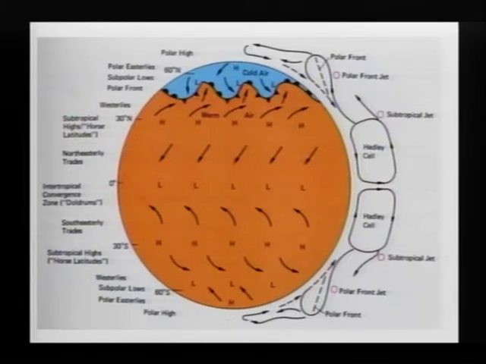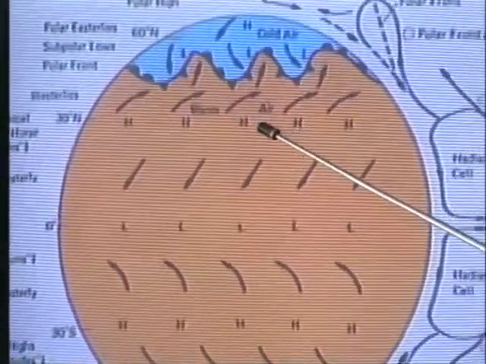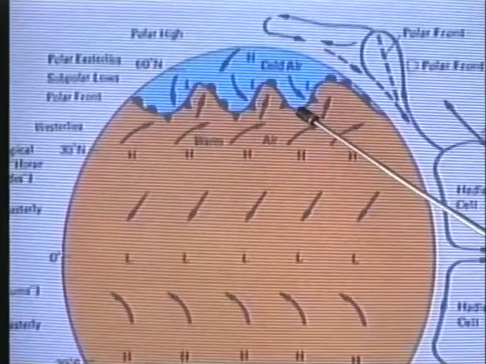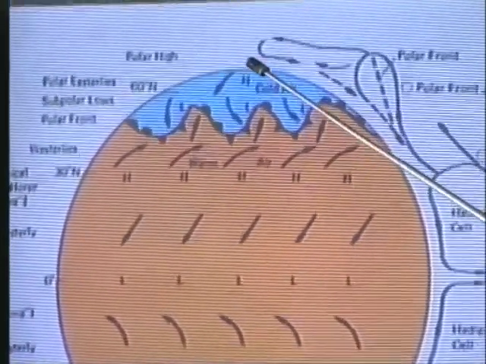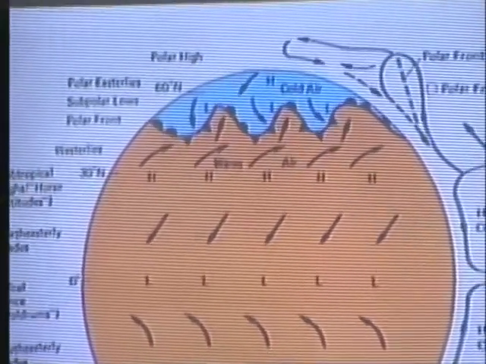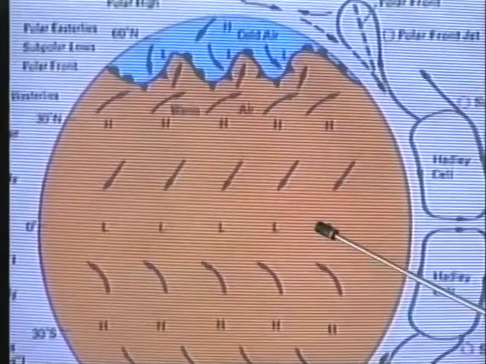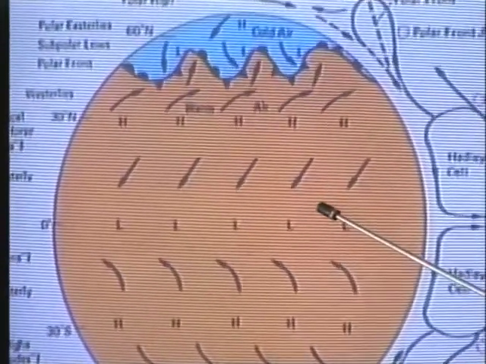Also, the deflection of the major planetary winds is to the right in the northern hemisphere and to the left in the southern hemisphere. In the diagram, surface winds blow from the 30 degree high to the equator, from the 30 degree high to the 60 degrees, and from the high polar regions to the 60 degrees north and south. This diagram represents the major planetary prevailing winds and the pressure belts on the surface.